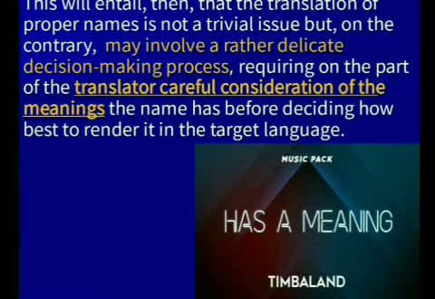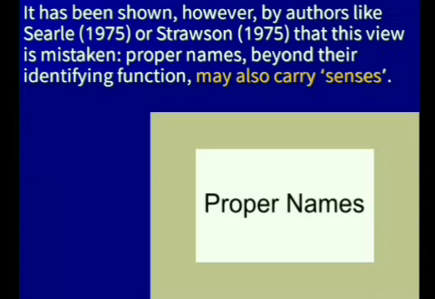Some interpreters say that proper names have meaning and can sometimes be translated, and translators should carefully consider the meanings in the translation process into the target language. Some people say proper names have got sense.